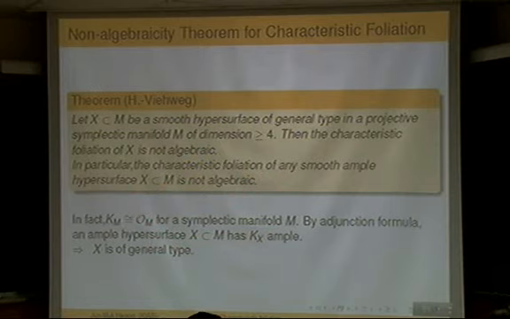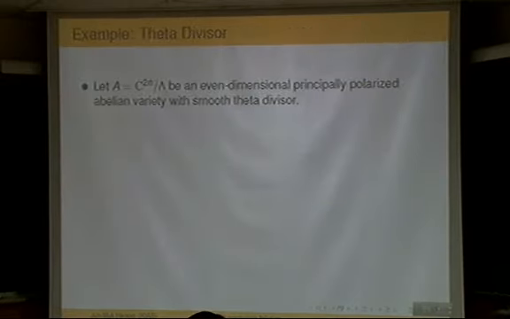So let me give one corollary of this. Here I said example, but it's a corollary of the theorem. Let's choose an even dimensional principally polarized abelian variety with a smooth theta divisor. So assume that the theta divisor is smooth. This is true for a general choice of principally polarized abelian variety.